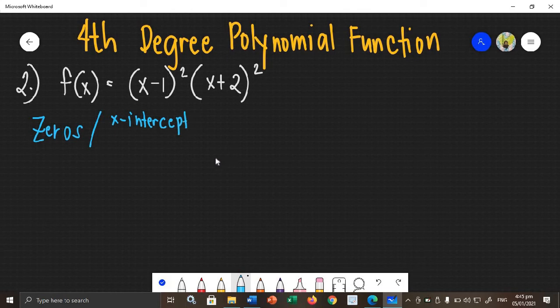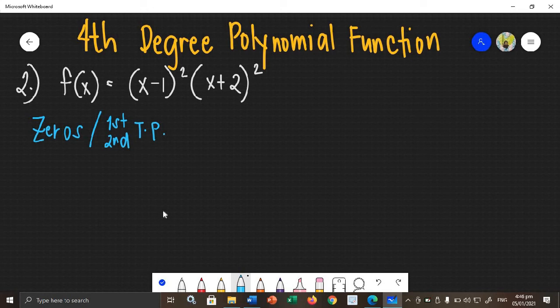Okay? So, dito sa fourth degree function, we have the zeros, which will act as the X-intercept. And this will also be the first and second turning points of your graph. Okay? So, hindi lang siya mag-act as X-intercept. Okay, this will also be the first and second turning point of your graph.